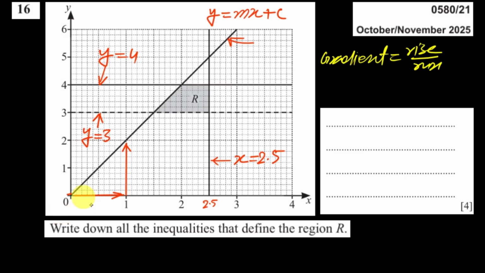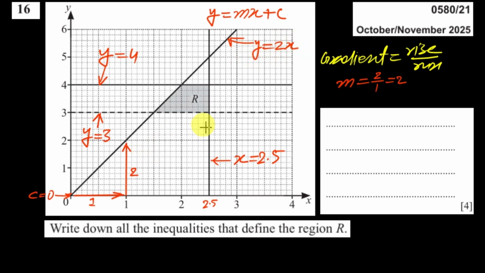So run is 1 and rise is 2. So the gradient m will be rise upon run, 2 upon 1, that is 2. And c, the y-intercept where it intersects the y-axis, is 0. So the final equation of this line will be y is equal to 2x, since m is 2 and c is 0.